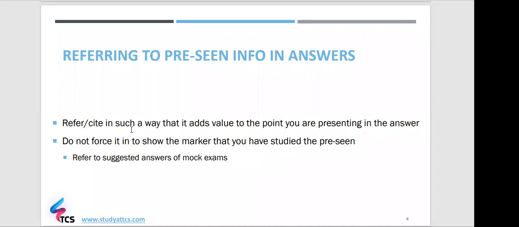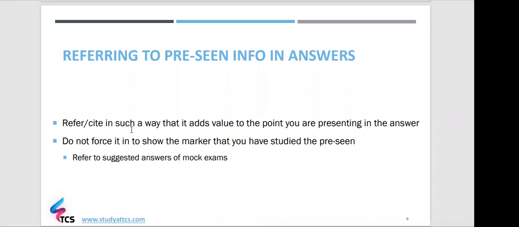Even if you are getting that information from the pre-seen, if it's irrelevant to the task, there's absolutely no point of mentioning it, because the examiner will not give you any marks unless the pre-seen info adds value to your answer.